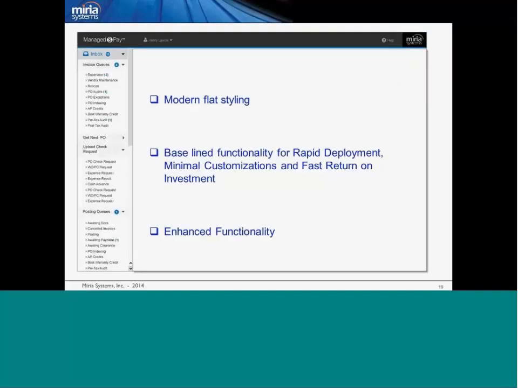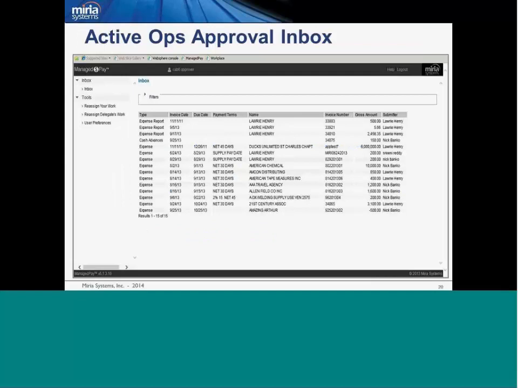The modern flat styling and the cues and the different inbox or the different groupings that you see on the left, we've improved that somewhat in order to allow more functionality. So this is all perfectly configurable during your installation to match up how your user roles are going to be. All of the functionality that you have today is in the system, and towards the end of this discussion, I'm going to walk down some details of the functions, so please be patient with that.